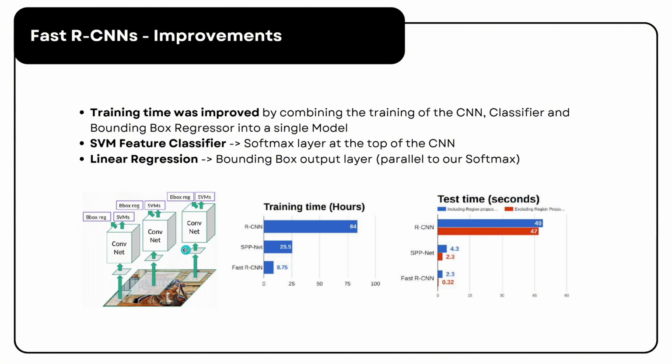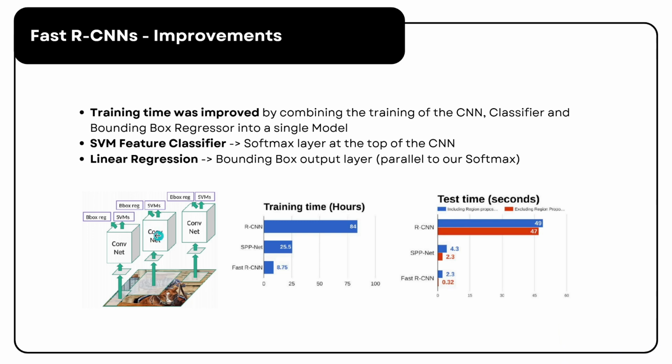In this diagram, this is a simplified model for Fast RCNN. No more passing each region proposal through the CNN. Now we just extract the feature map once and use ROI pooling to pull out features for each proposed region.